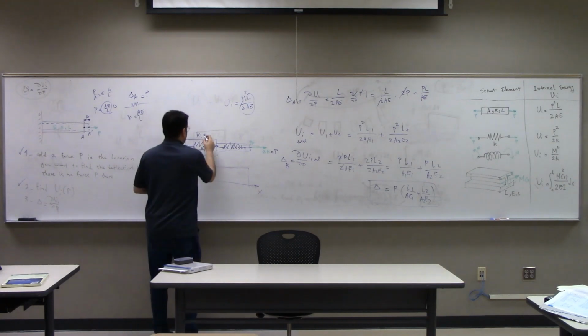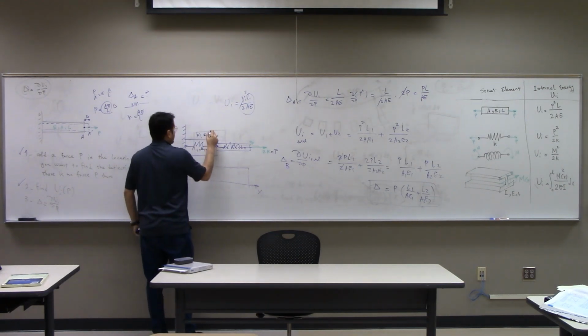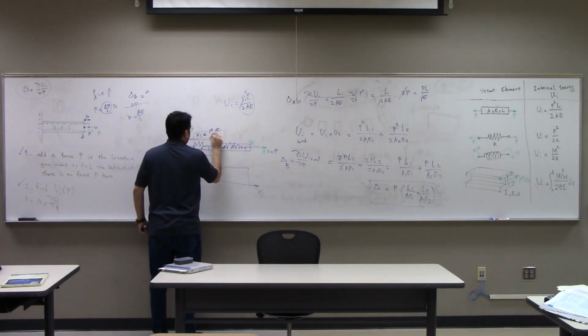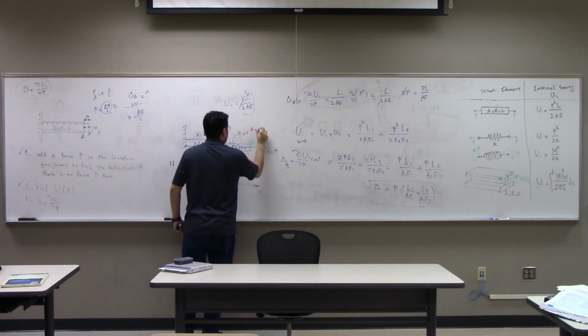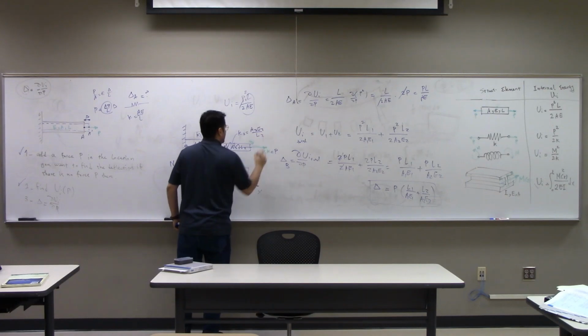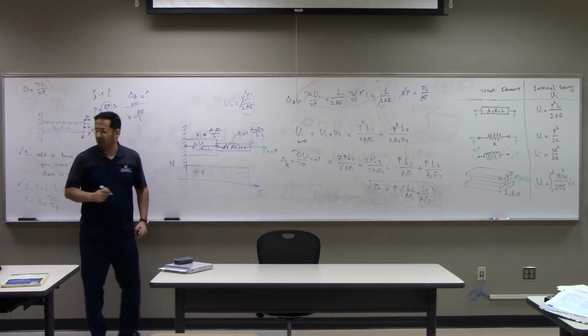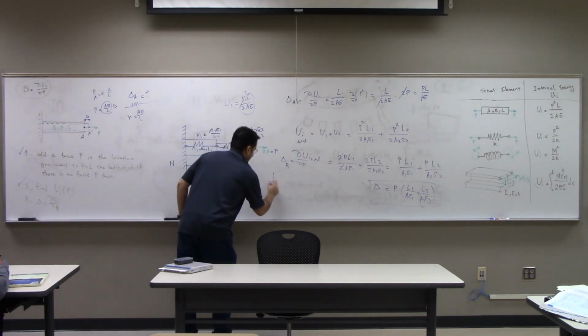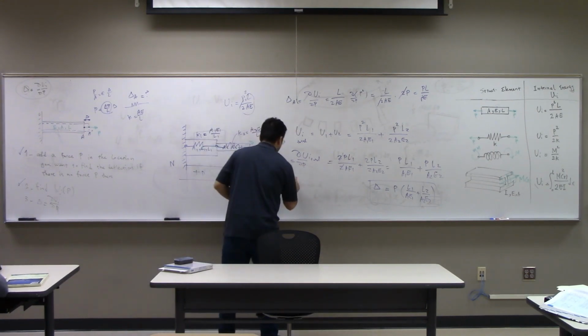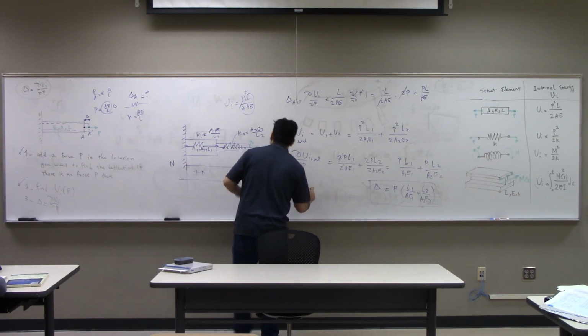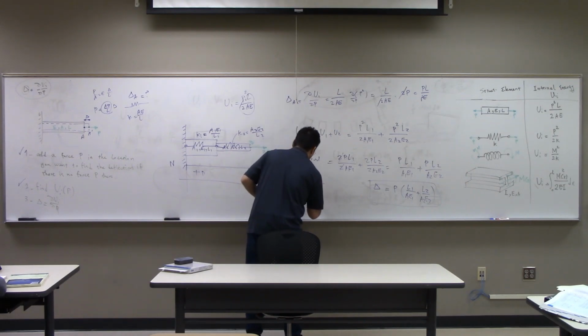So here the spring constant for element 1 is A1 E1 over L1, K2 is equal to A2 E2 over L2. So 1 over K total is equal to 1 over K1, which is L1 over A1 E1, plus 1 over K2, which is L2 over A2 E2.